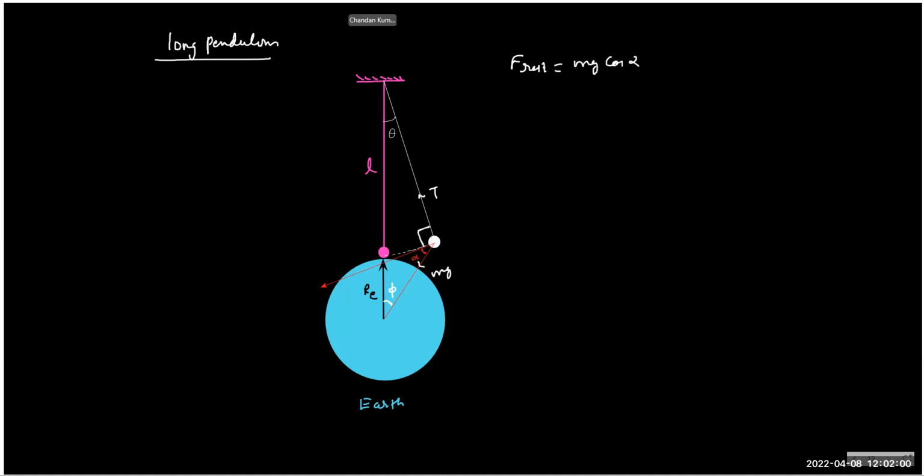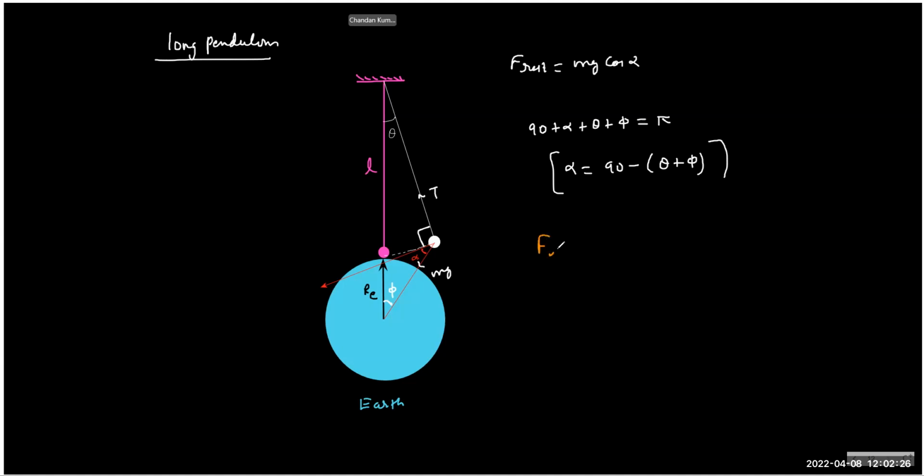And this is 90. Now this is easy to find because you can write 90 plus alpha plus theta plus phi must be 180. So alpha turns out to be 90 minus (theta plus phi). This was less obvious, but we can get this answer. Is this clear so far? Yes or no?